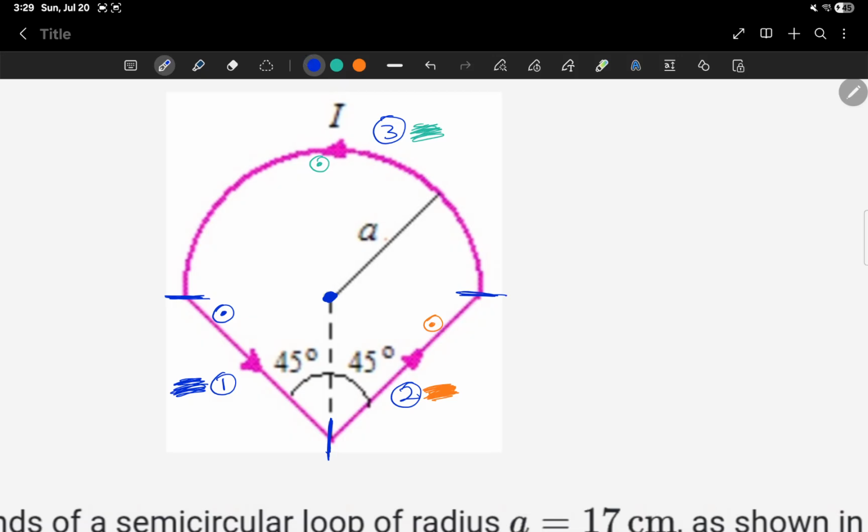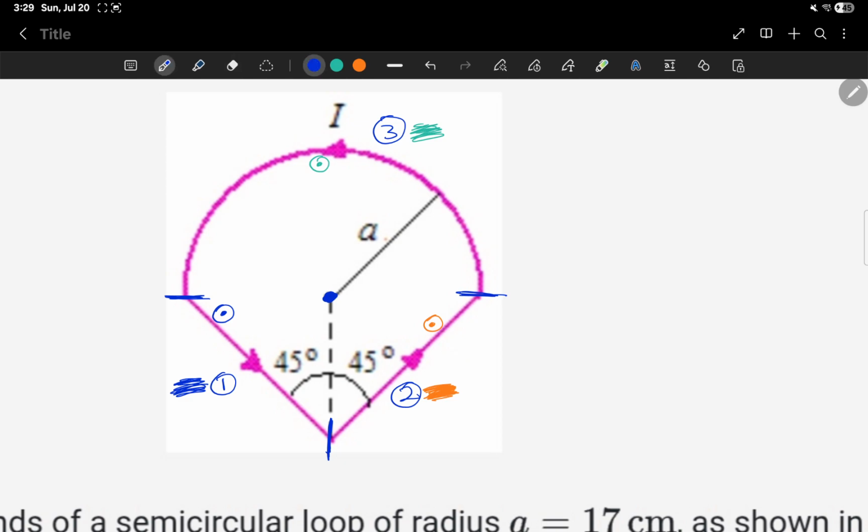And I've already done the right hand rule, and I've assigned each specific segment a specific color. That's basically the magnetic field of this third segment in blue. That thing in orange is the magnetic field of segment 2.